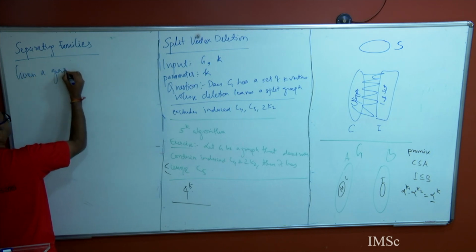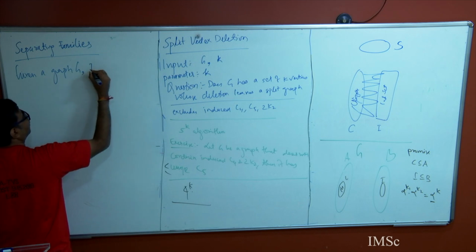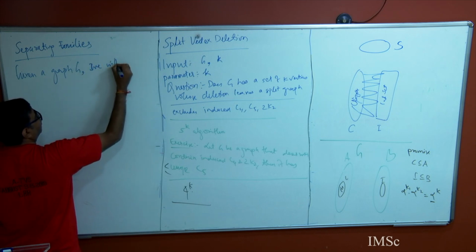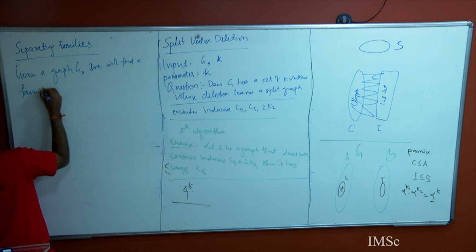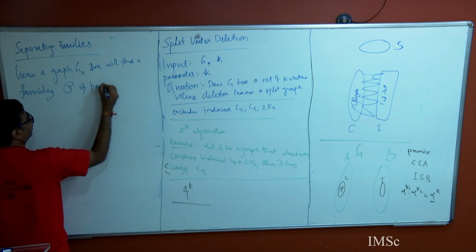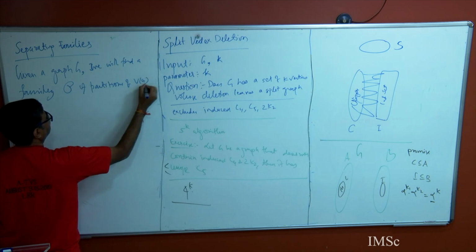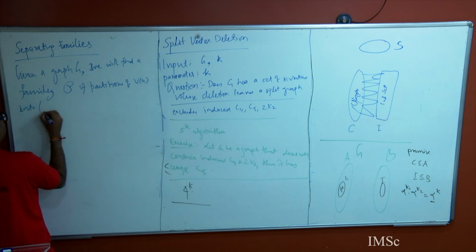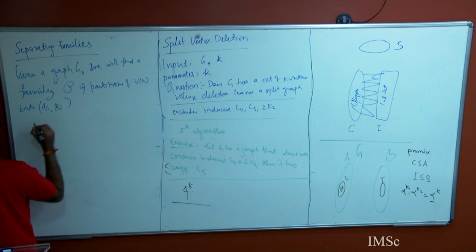Given a graph G, we will find a family curly P of partitions of V(G) into some Ai, Bi. So what is P?